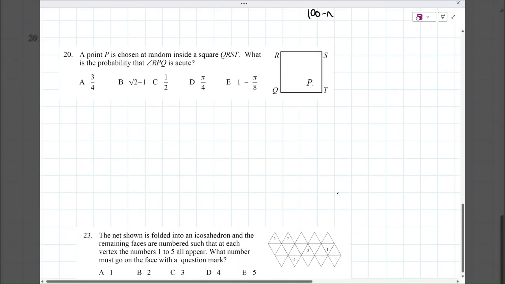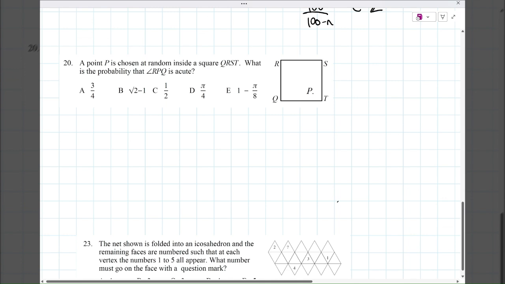Our third question, our geometry question. In A-level maths, there are a couple of circle theorems you need to know, and one of them is about angles in a semicircle. Now, if an angle is acute, that means it's less than 90 degrees.